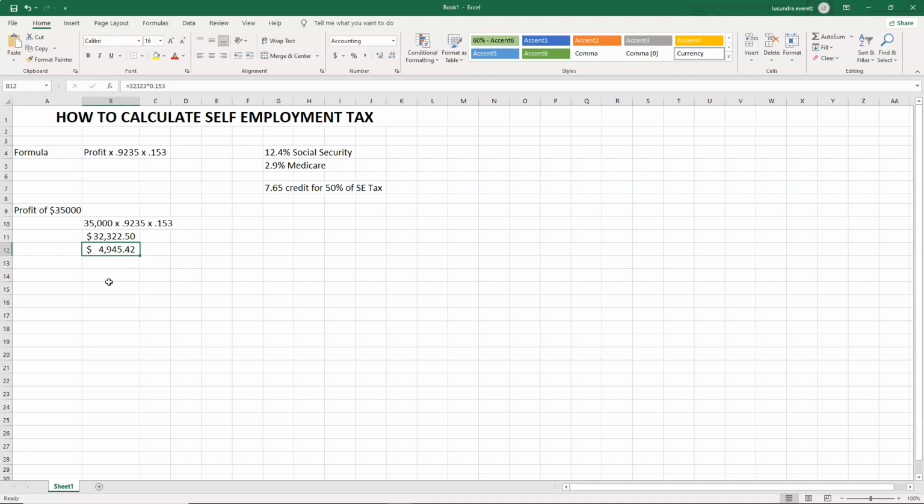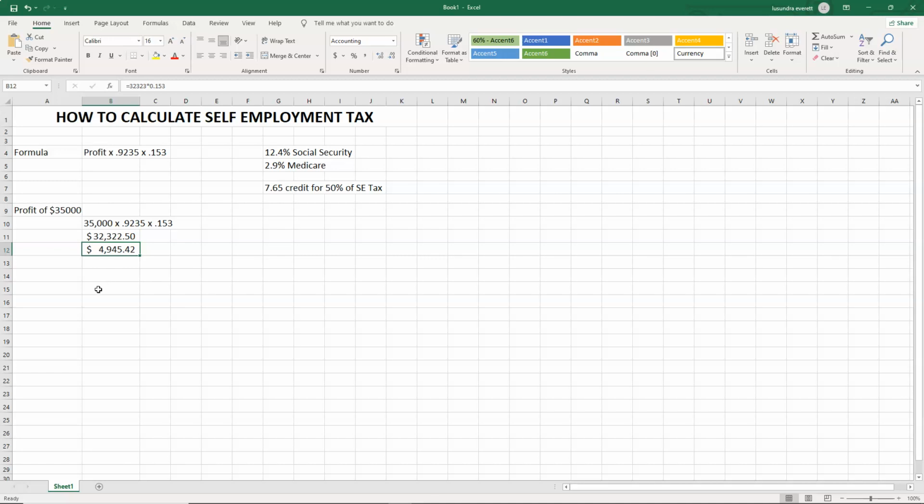And I always recommend to my business owners that you be prepared to file your taxes in February, because again, if you have a tax bill and you need a little bit more time to get that money together, then you will be able to pay your tax bill and you'll be fine.